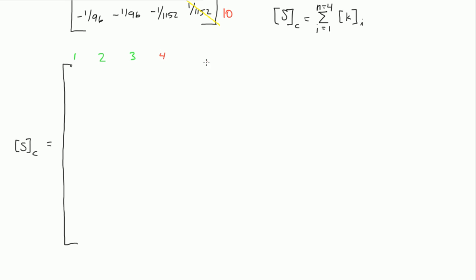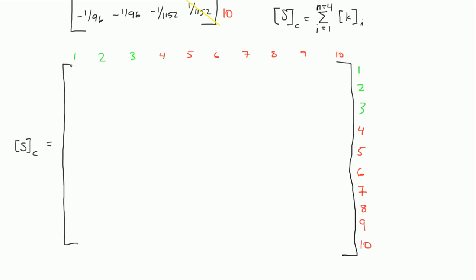Then we have our restraints 4, 5, 6, 7, 8, 9, 10. And on the side here we have again 1, 2, 3, then 4, 5, 6, 7, 8, 9, 10.